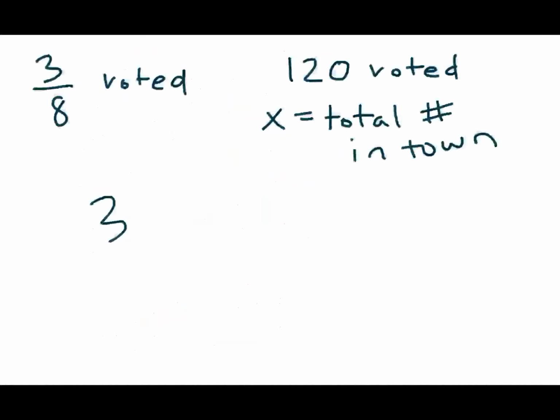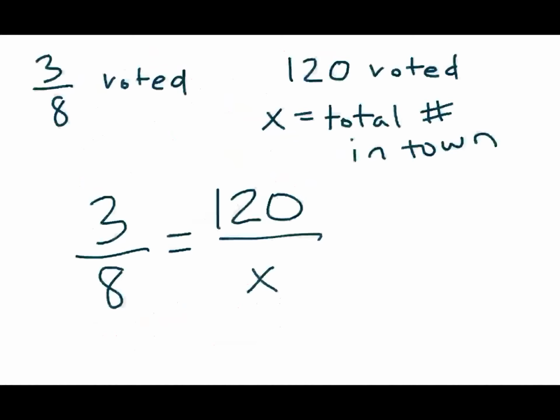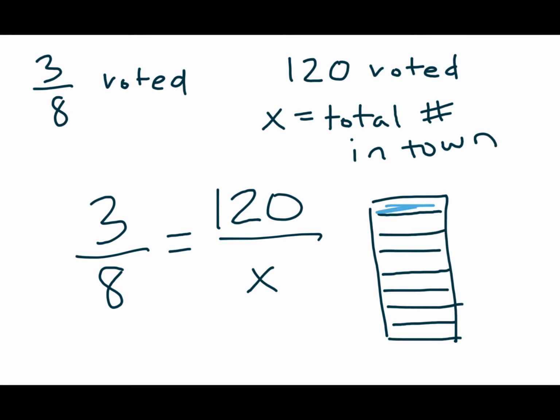So our proportion is 3/8 is the same as 120 to x, where x is the total number of people in town. If we divide the town into 8 equal parts, and 3 of those 8 equal parts is 120, then each part has 40 people.